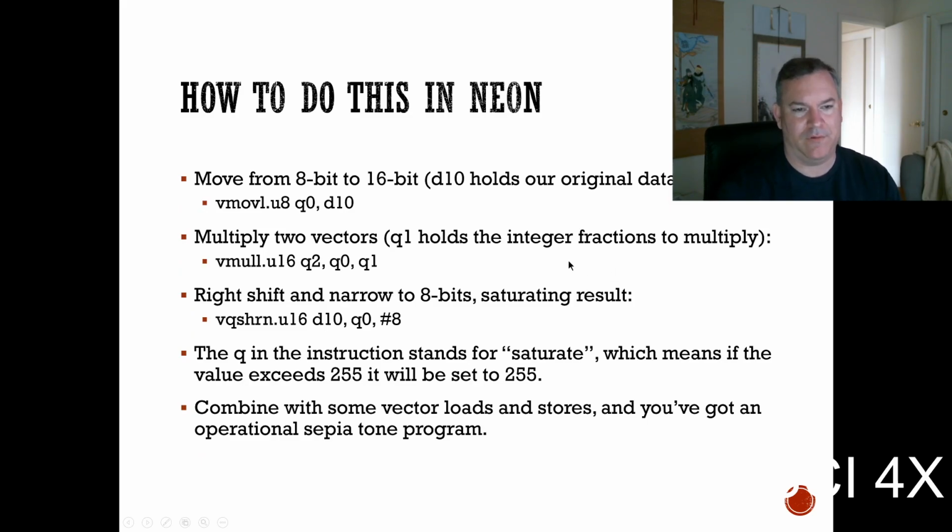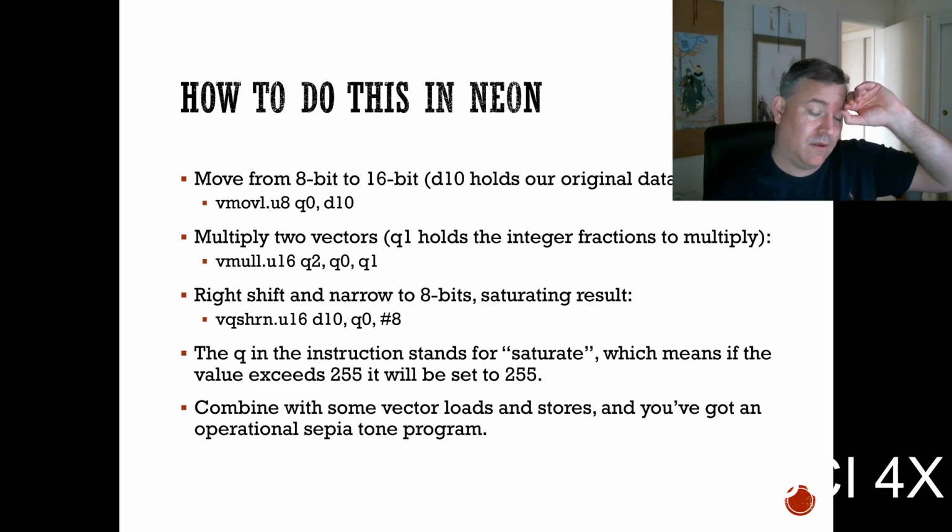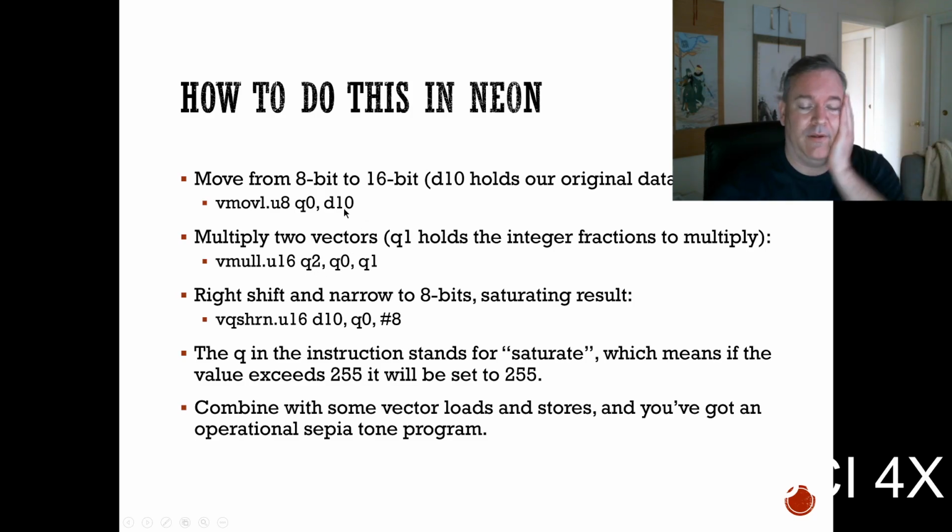This is going to move from D10 into Q. Technically, I don't think you need to do this. I think you can actually just multiply the D registers and it'll widen automatically. So this will move from a D register to a Q register. It's telling it that you're moving unsigned 8-bit numbers, so this is going to widen the data.